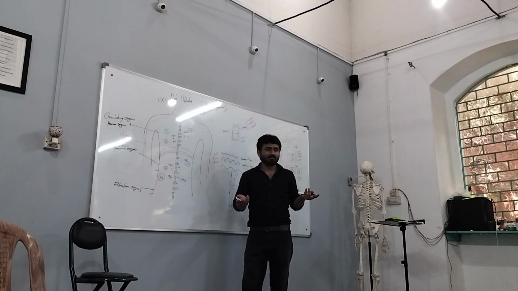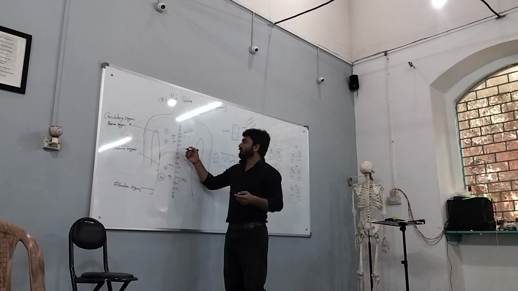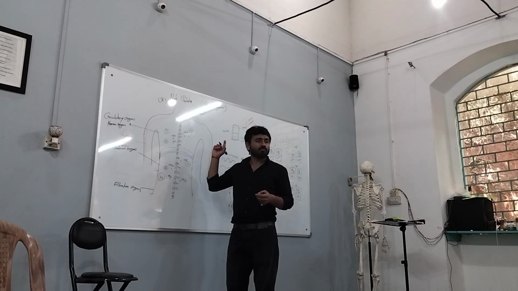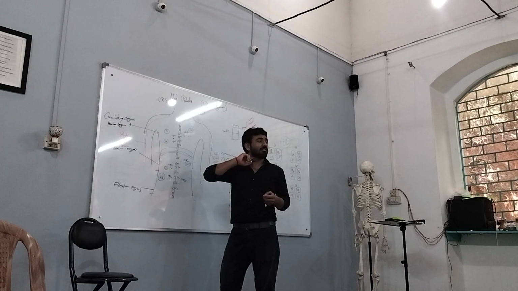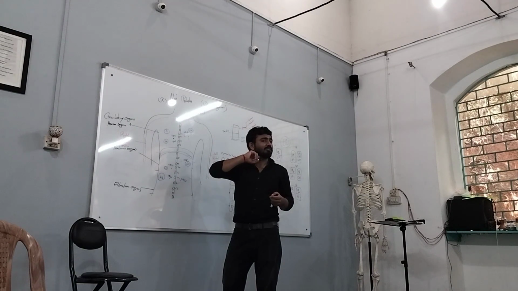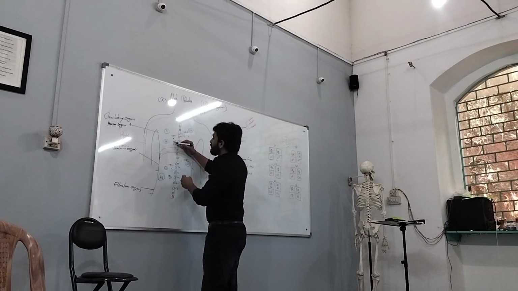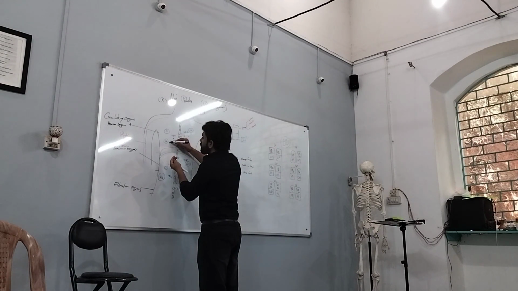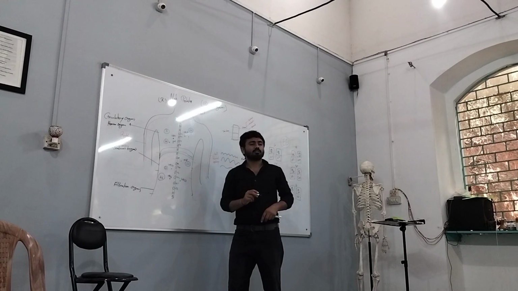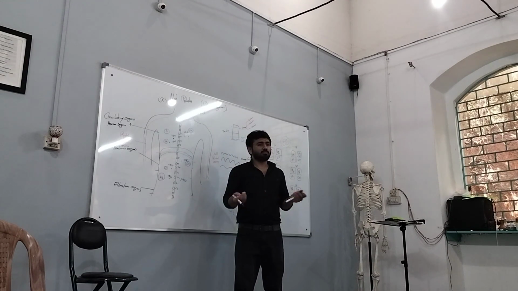For example, if you want to write UB44, the point for UB44, which organ? Yang of which organ? UB44 heart. So this is the heart here, this is the heart yang. Here is UB44. Simple, no?